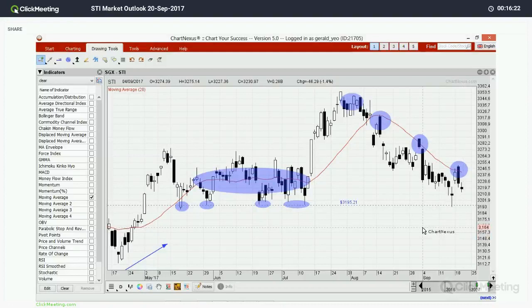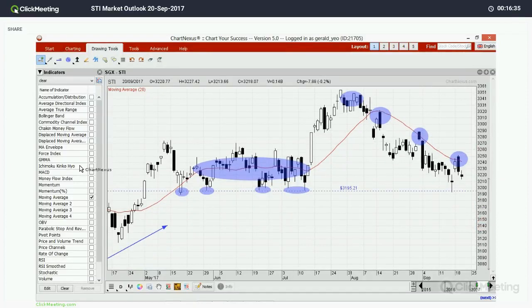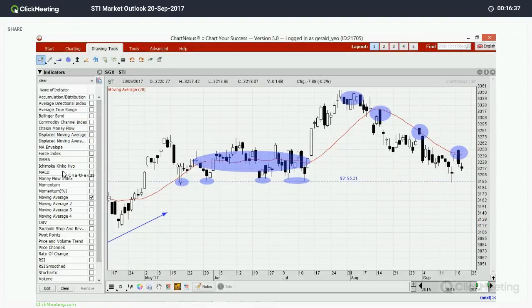Now, the other good news for the bulls is that we can sense that this downtrend is slowing down. How do we tell that? Basically, an indicator can help us look for that as well. If I were to turn on this indicator called the MACD.